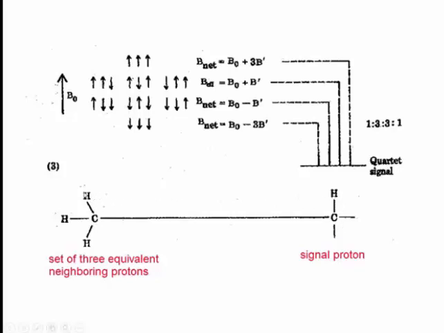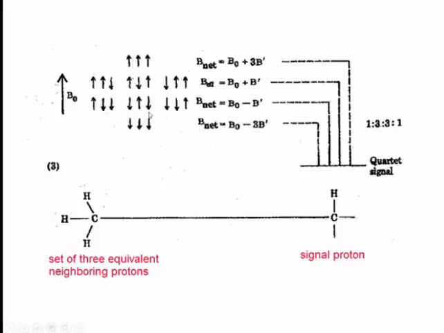Well, all 3 of our neighboring protons could spin in the same direction, let's say spin up, or they could spin in the same direction, spin down. Or one could be spin up and the other 2 spin down. Or one could be spin down with the other 2 spin up.